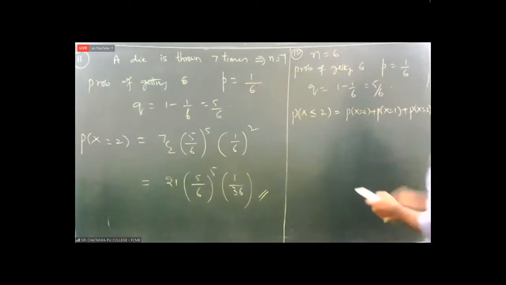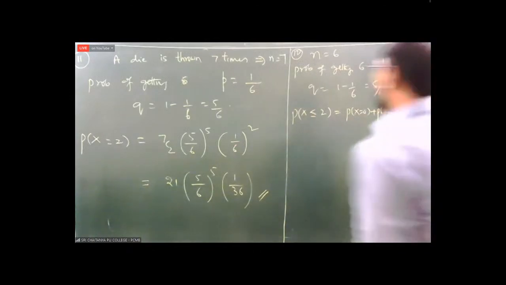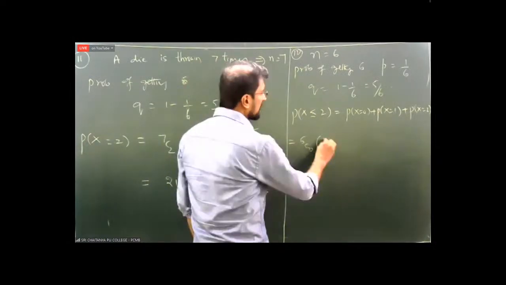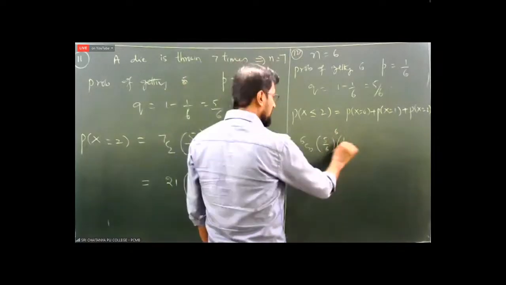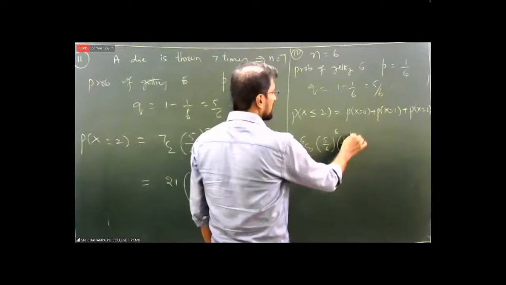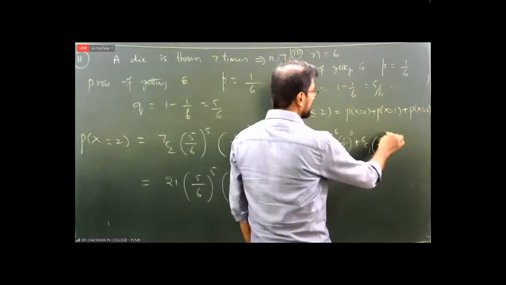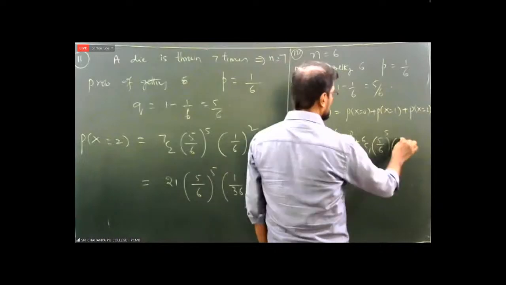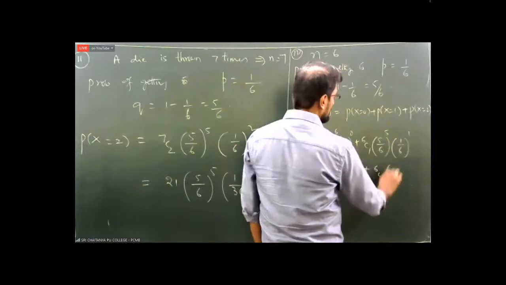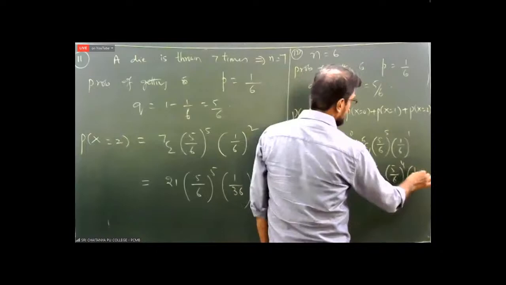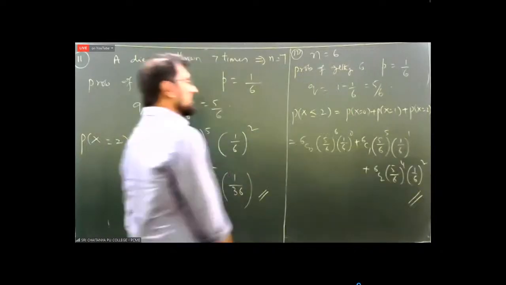You should get P of x is equal to 0 value, which is equal to 6C0 into q to the power of 6 into p to the power of 0, plus 6C1 into q to the power of 6 minus 1 into p to the power of 1, plus 6C2 into 5 by 6 to the power of 4, 1 by 6 to the power of 2. Simplify this one, you are going to get the answer.